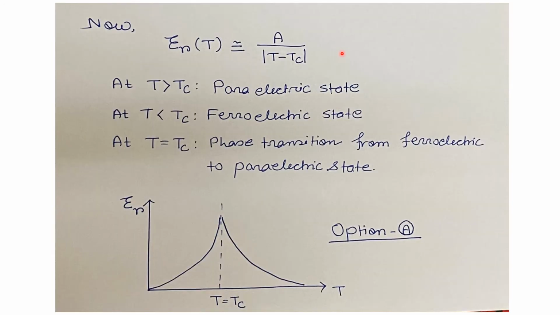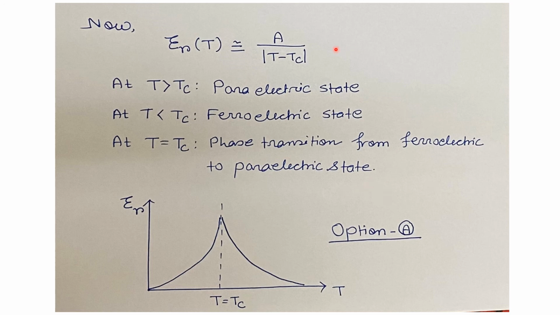Now we have already seen from the Curie law the dielectric constant as a function of T for ferroelectric materials is given by this. So here, if T is greater than Tc, then the material is in the paraelectric state, and if T is less than Tc, then the material is in the ferroelectric state. And T equal to Tc is the phase transition from the ferroelectric to the paraelectric state.